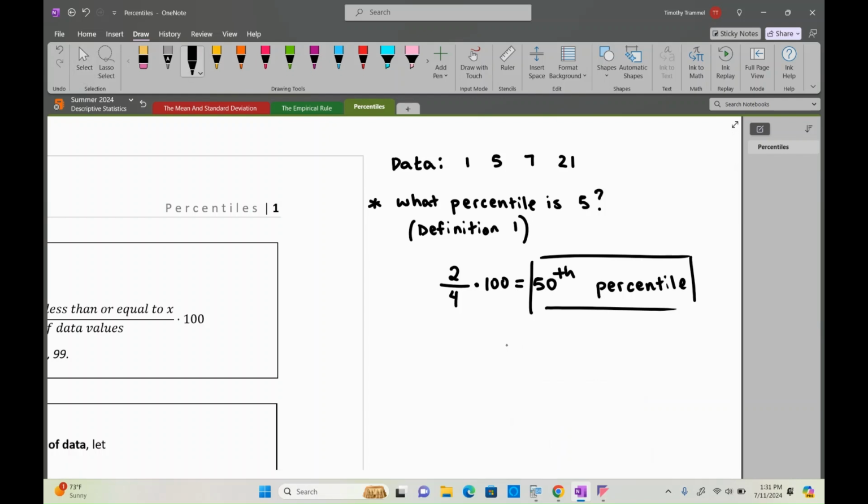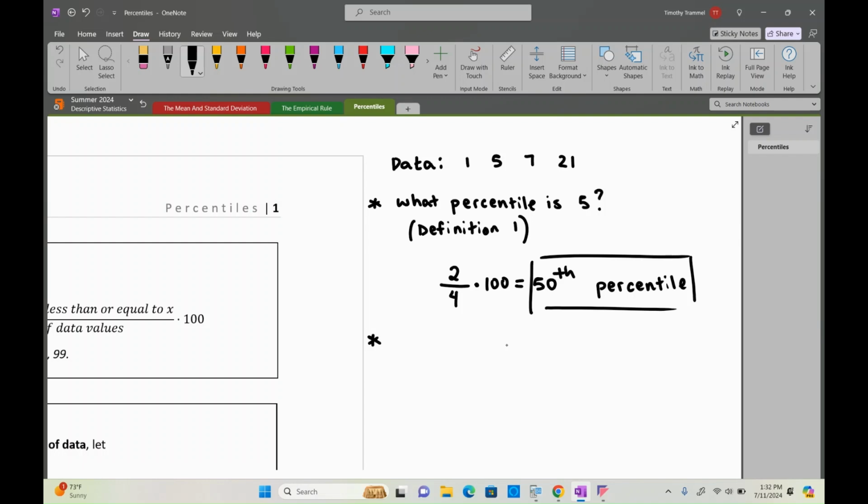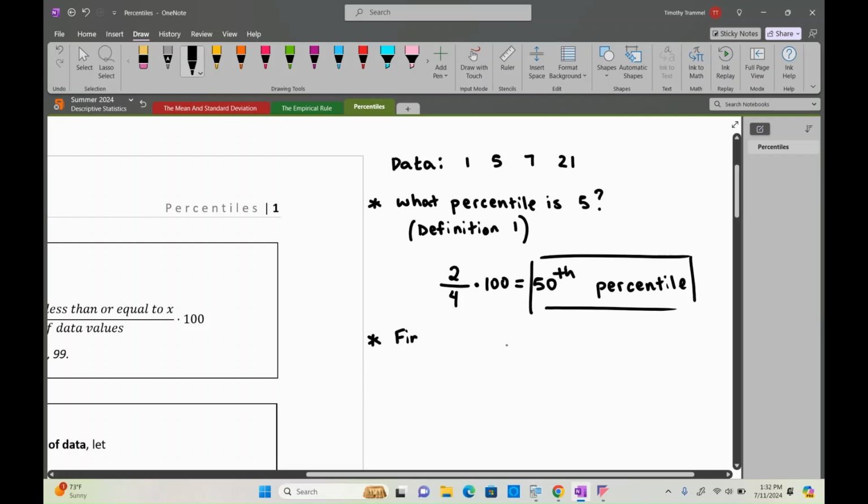Well, I'm going to ask us to do something very similar here now. I'm debating which percentile I want us to find. Let's find the 40th percentile. Or let's go 45th, actually. And we'll use definition 2.